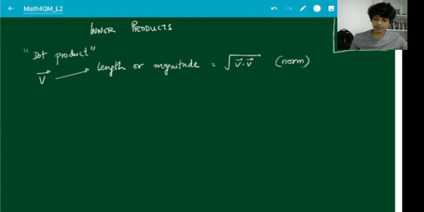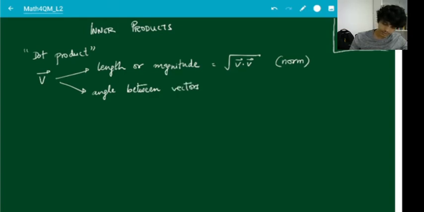If I want to calculate the angle between two vectors, so if I have vectors v and w, you know that v dot w is given by the magnitude of v times the magnitude of w times the cosine of the angle between them. The magnitude is sometimes denoted as mod v.